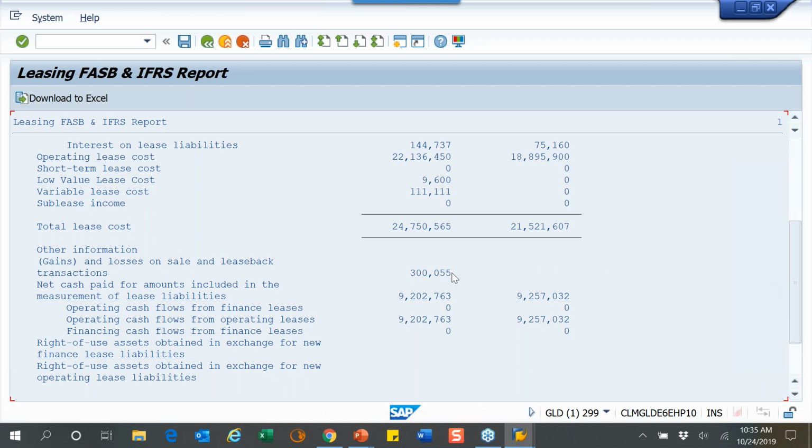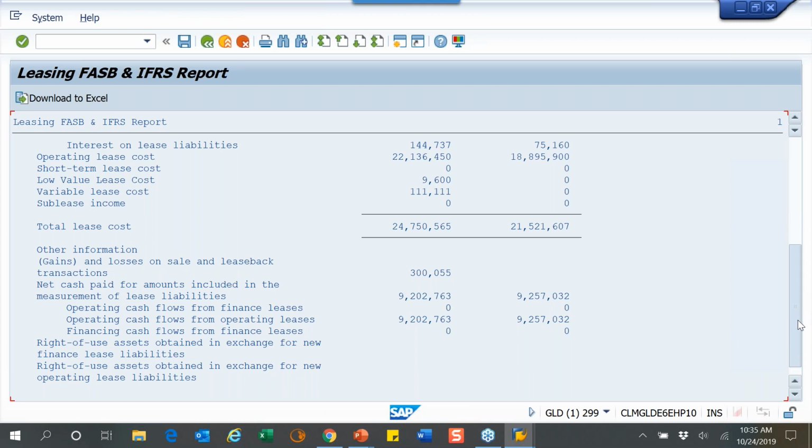A year ago, the consensus was it was only modifications of non-cash items. The Big Four got together, as John was talking about earlier this year, and they are now saying that that line item, any new lease entered into the period, is a non-cash item. Therefore, our system accurately pulls all new leases into that line item for the period being reported.